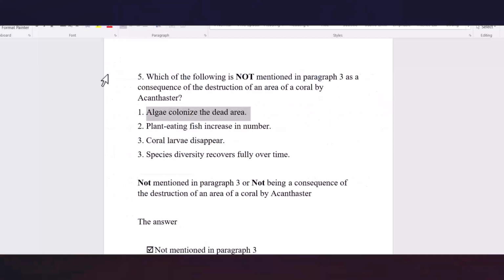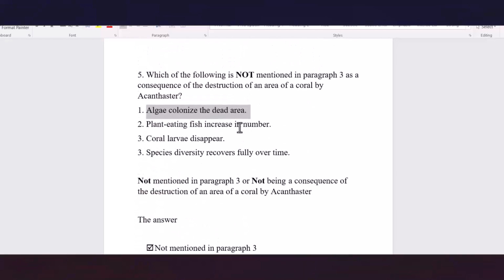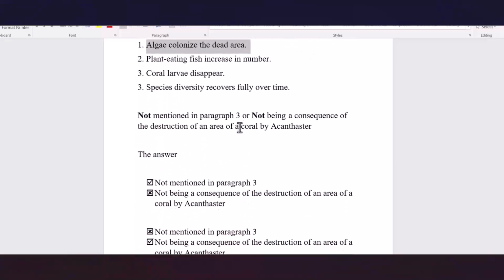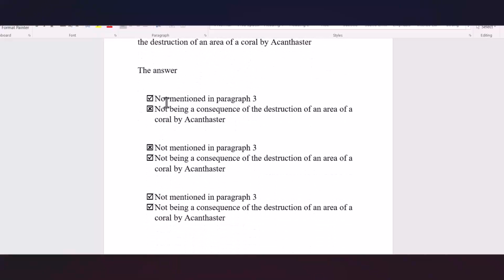However, in the first option, we have the same information in the active mode. Algae colonize the dead area.